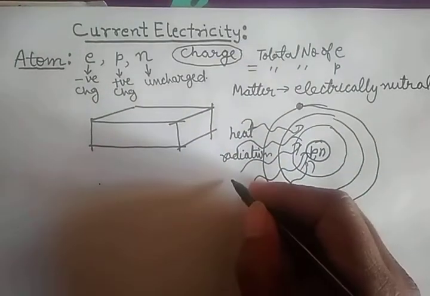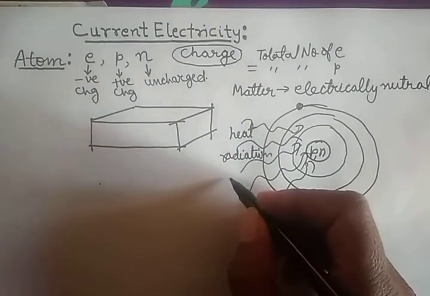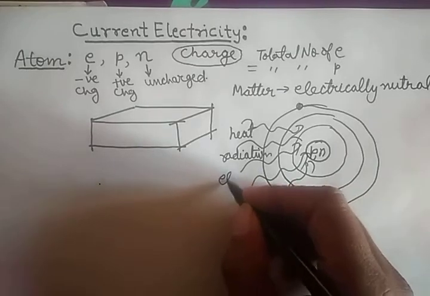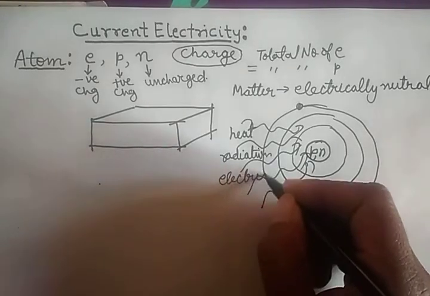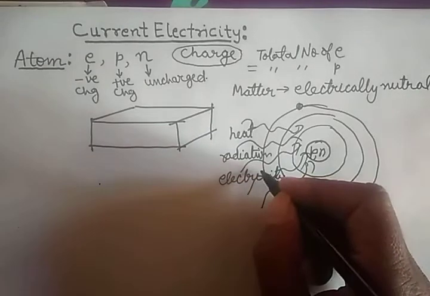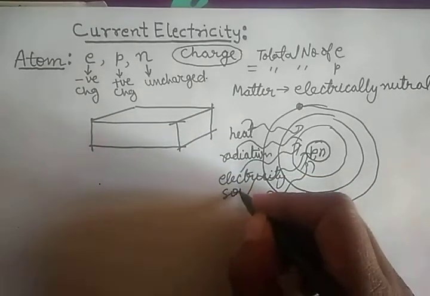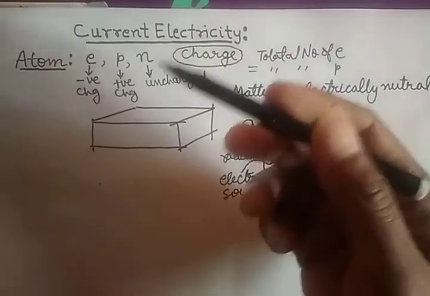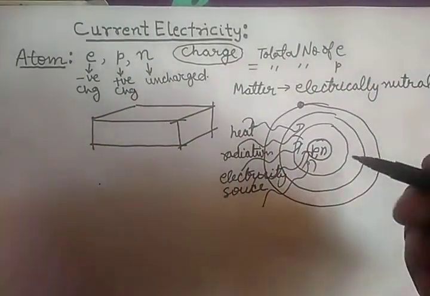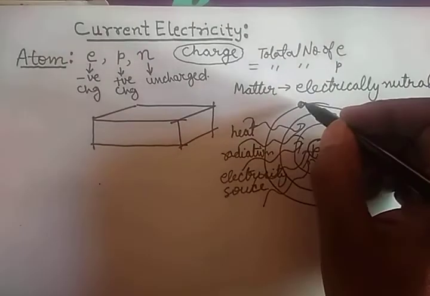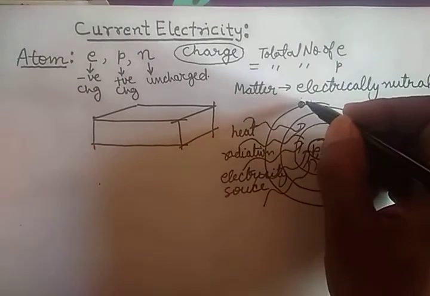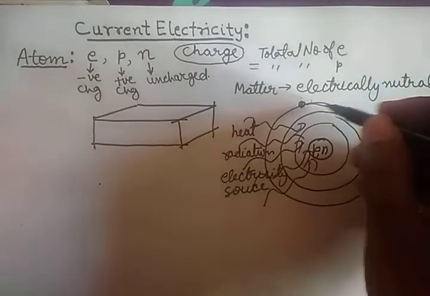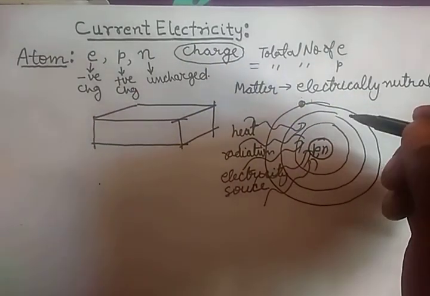And there are some other sources, like some electricity source. I'm not specifically naming it because we have just begun this chapter. So what will happen is that the electron will get energy and escape from this atom.